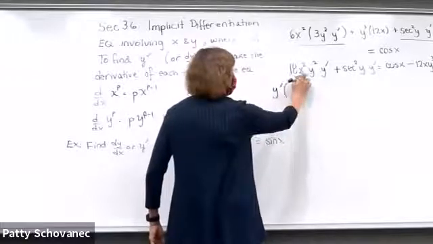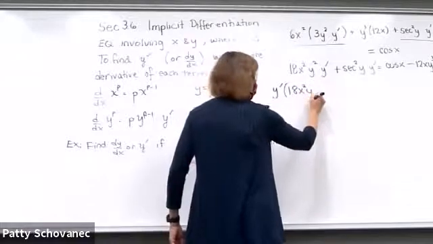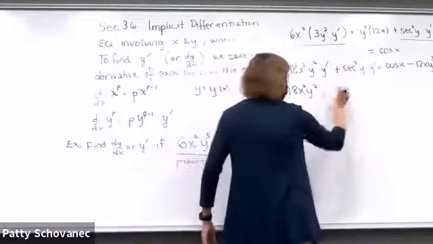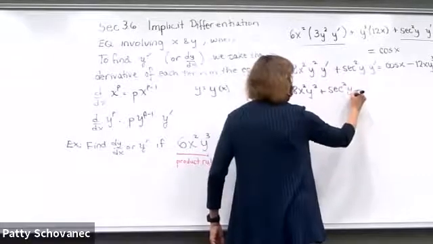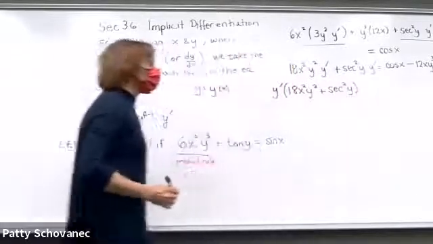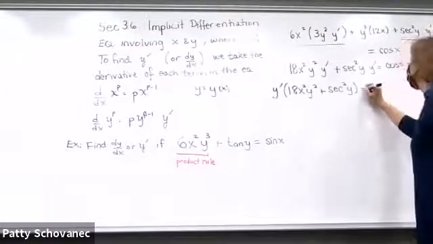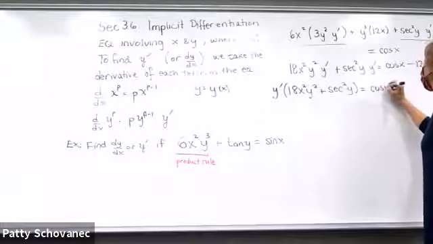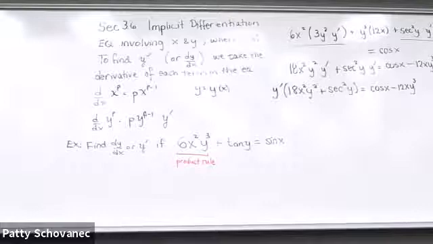And that leaves me 18x squared y squared plus the secant squared of y. And on the right-hand side, I still have the cosine of x minus 12xy cubed. And then I divide by the step in the parentheses and we have y prime.